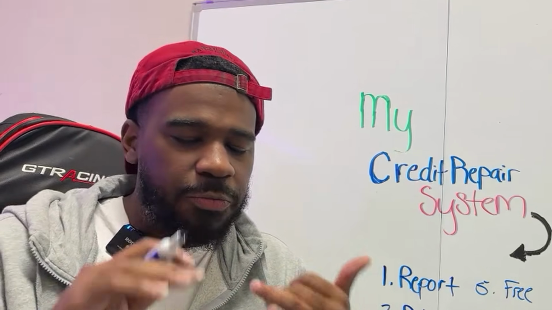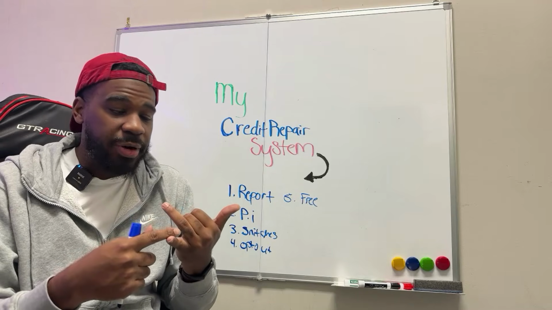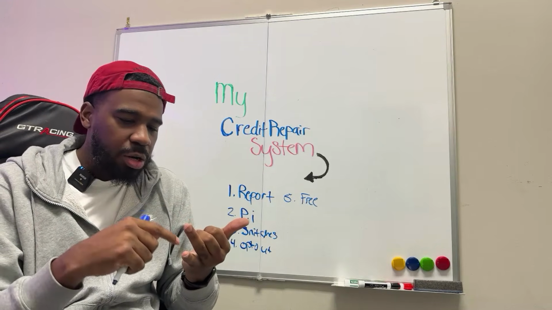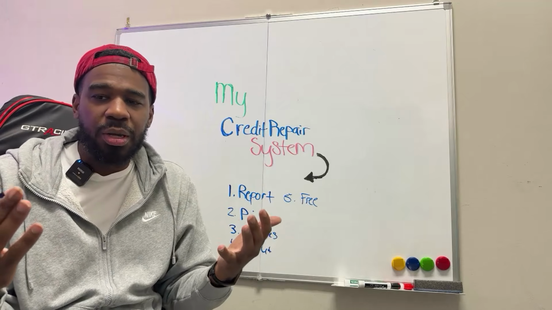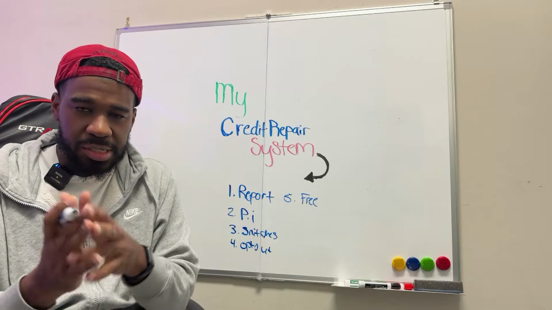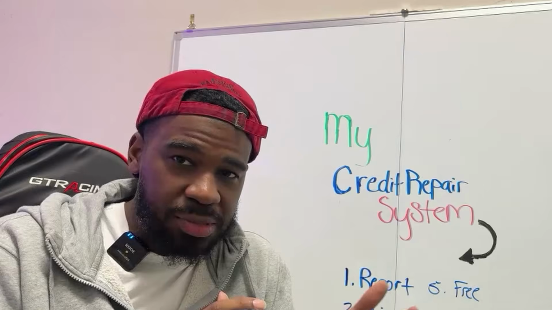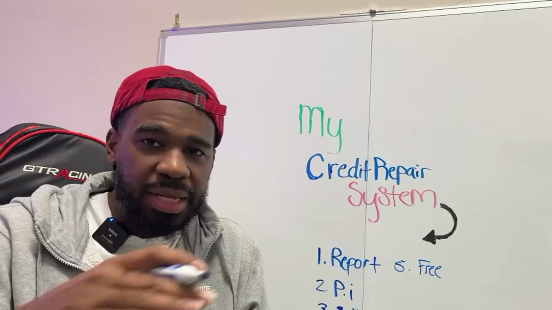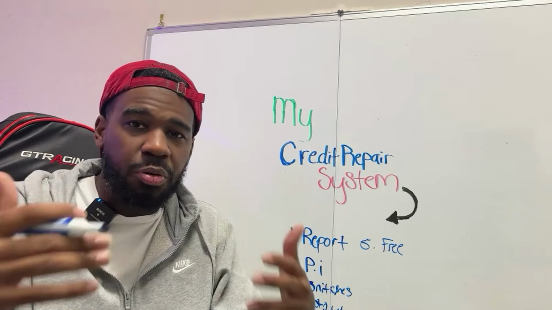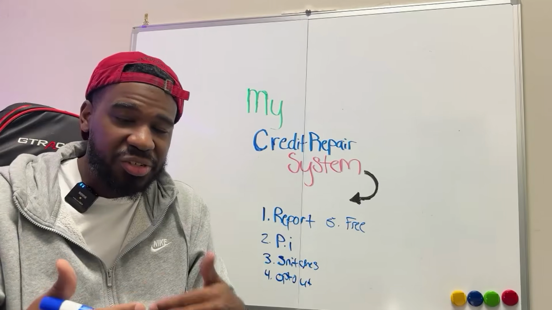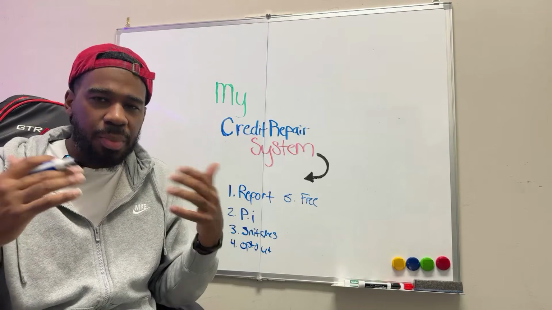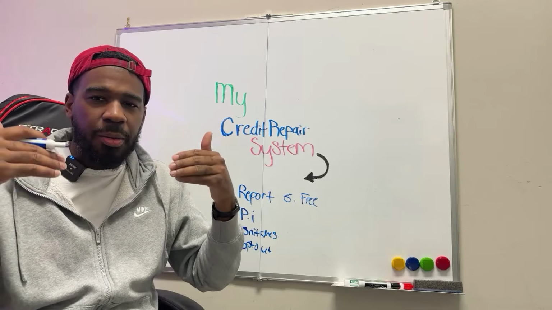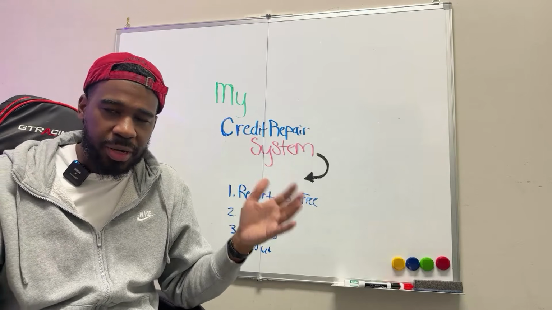Because if you don't have a credit card or a line of credit, right, or revolving account or an installment account being reported, if you remove everything on your report, you're still going to have bad credit. So you want to have some open accounts that are on time, that you never missed a payment with, being reported to Experian, TransUnion, and Equifax, okay? And some of them are not going to report to all 3, but most of the time, there are places that report to all 3 credit bureaus, okay?